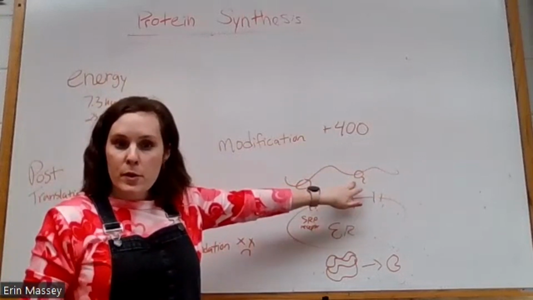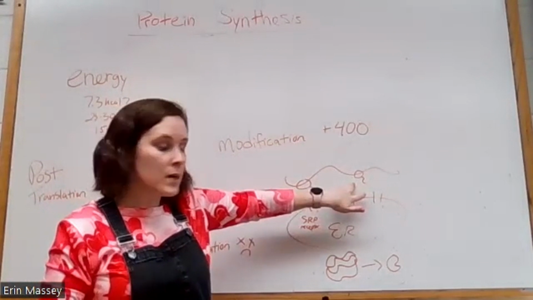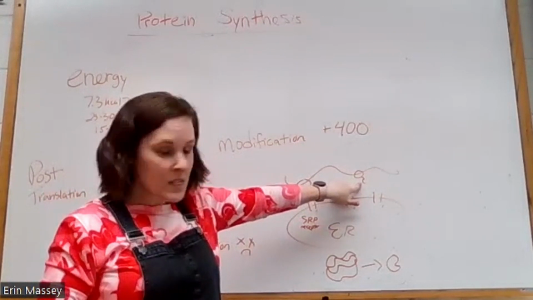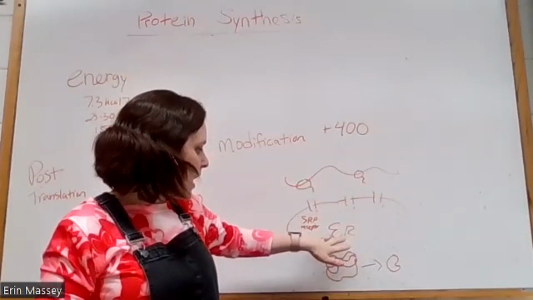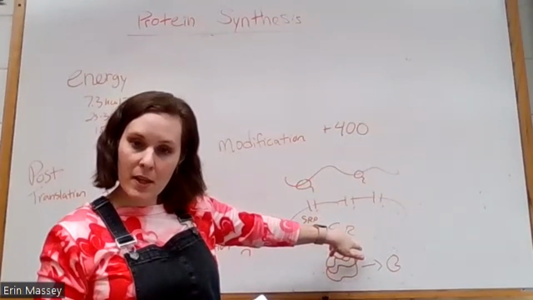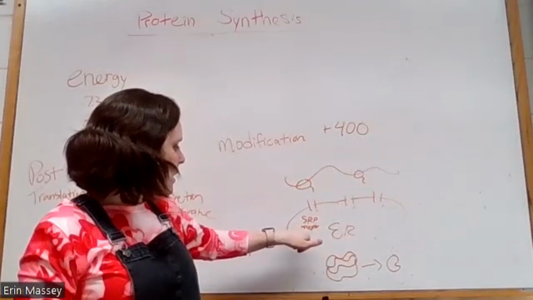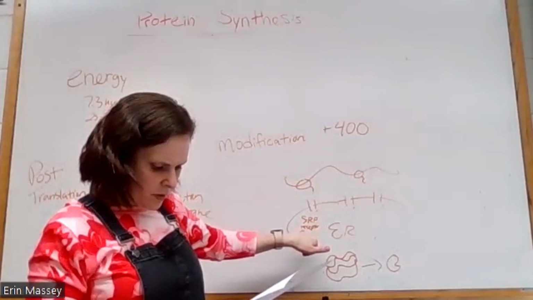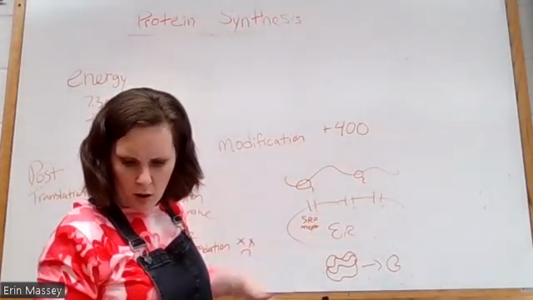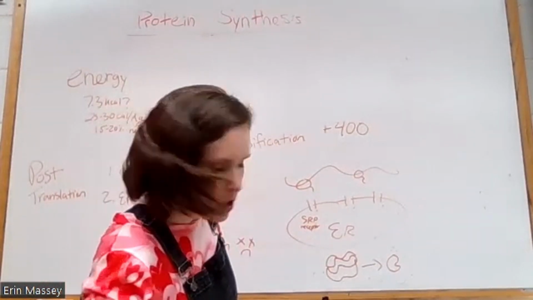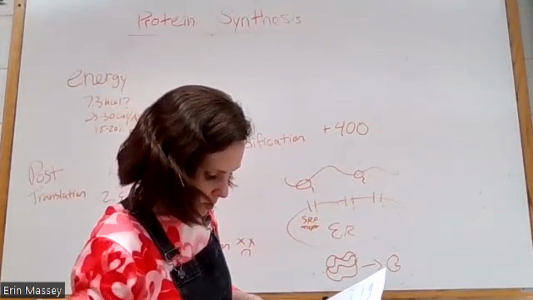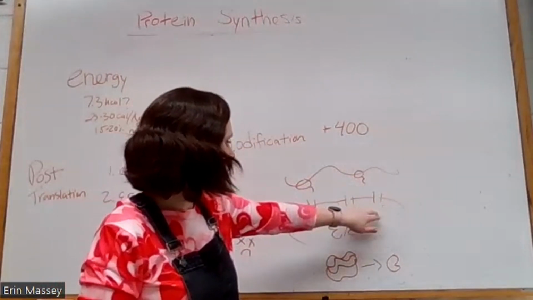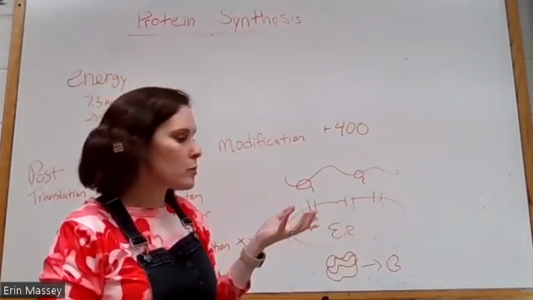Here is our peptide chain with these beautiful polysomes on it. The ribosome, or the peptide chain that you just made, is going to have a tail on it called a signal sequence. That signal sequence helps it to become recognized by the endoplasmic reticulum. It has receptors for what's called the SRP, the signal recognition particles, so it's going to be able to recognize the ribosome.